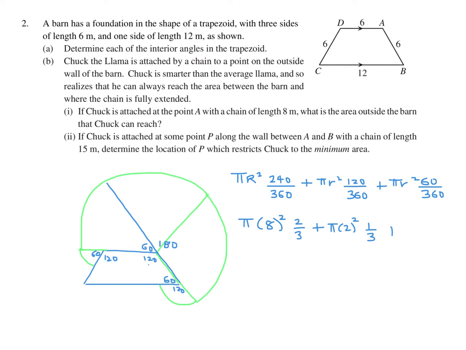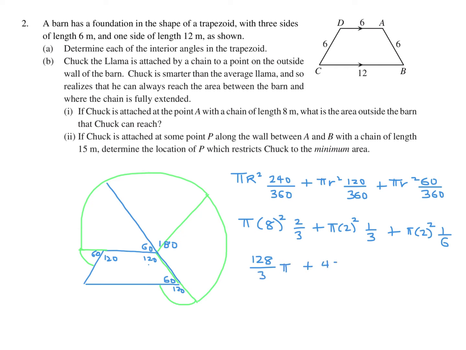And then finally the last one, that's also going to be a radius of 2, since this top was 6. So that's going to be pi times 2 squared, and then that is 1 over 6. And that should be correct. So 64 times 2 divided by 3, 128 over 3 pi.